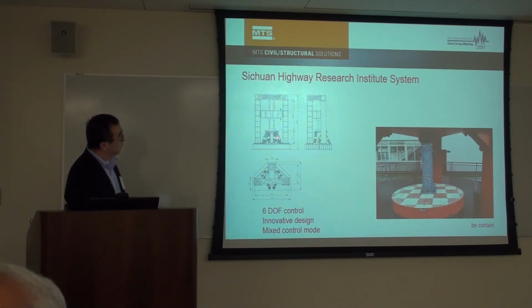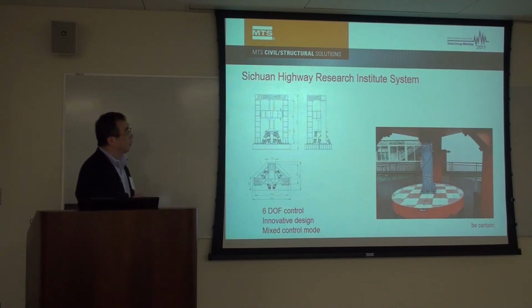They have 6 actuators down here and a table here. The specimen is on top of this platform, and we can use this degree of freedom control software to control any point in the global coordinate system, some in load, some in displacement.